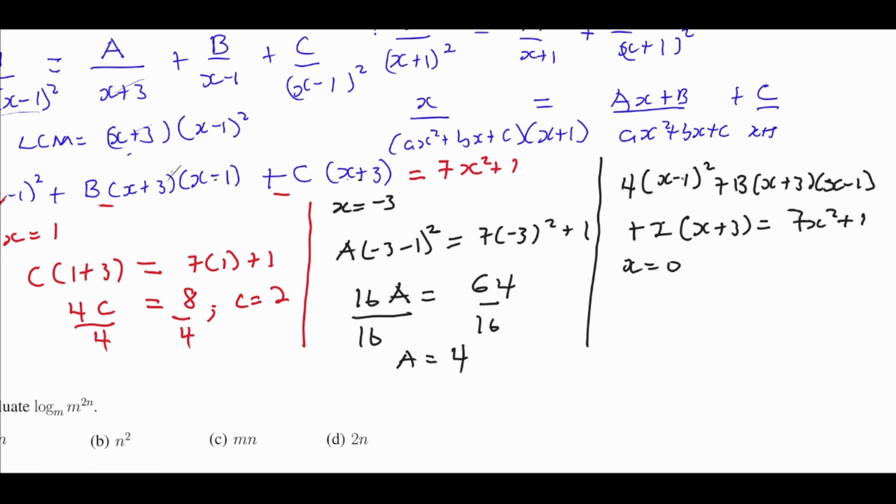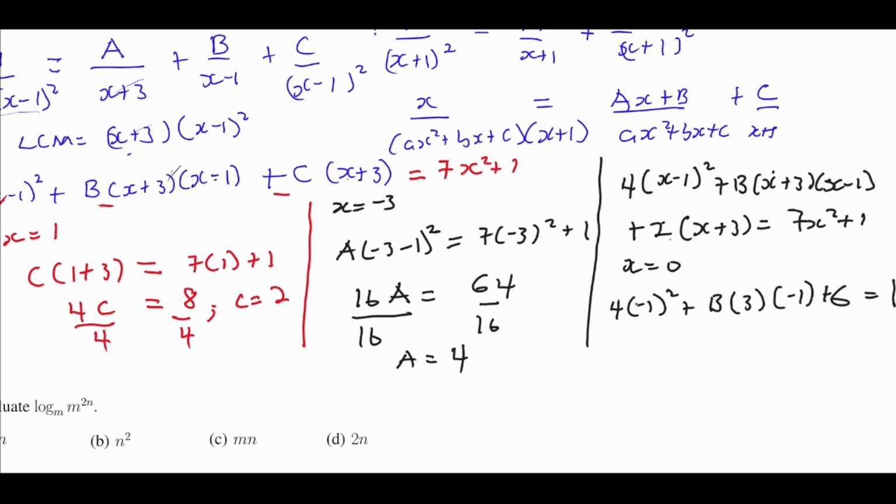I have -1 squared, so 4(-1) squared plus b(3)(-1), and then plus 2 times 3, which gives me 6. And the whole of this last term goes away, leaving us with only 1. So that will be equal to 1.